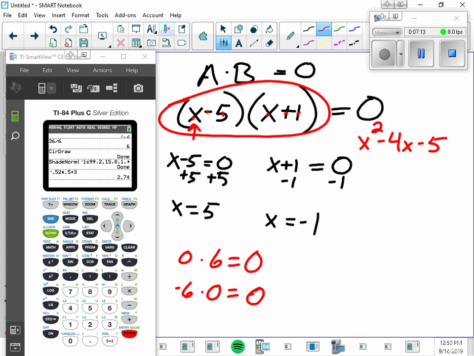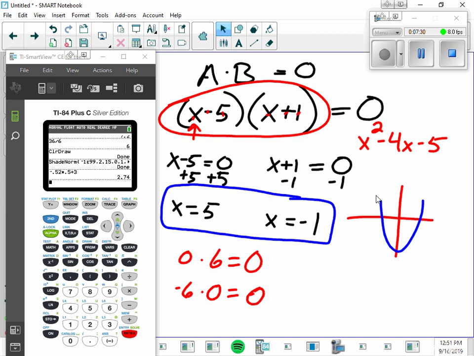Any x squared graph looks like this. The only difference is they get moved around. Well, these numbers here happen to be the places where the graph hits the x-axis. So it would be something like this.